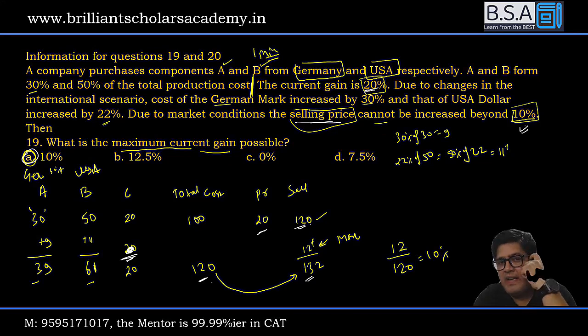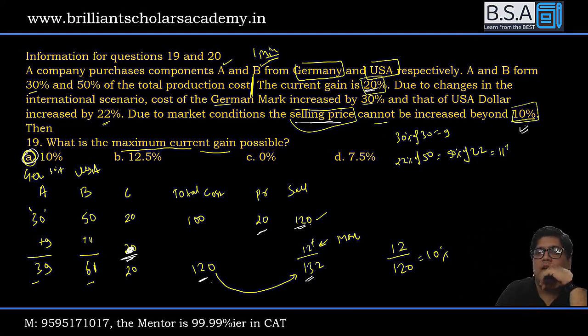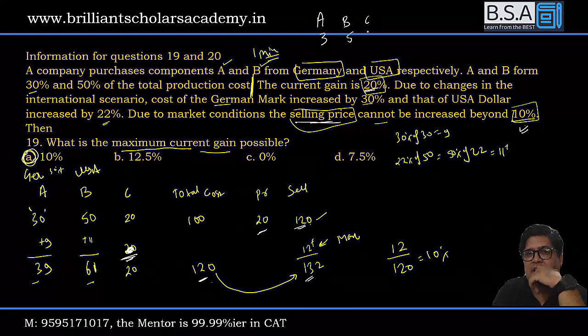There is one way I can approach this without writing too much. There is one way to do that. Through averages. Through averages, I might be able to solve it. A is 3 parts, B is 5 parts, C is 2 parts.